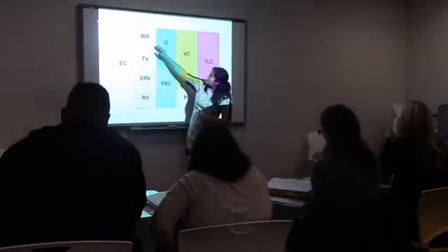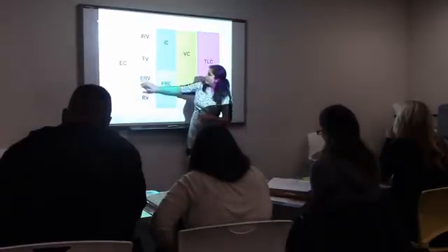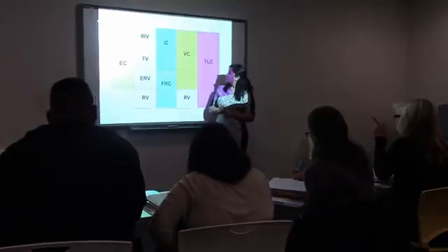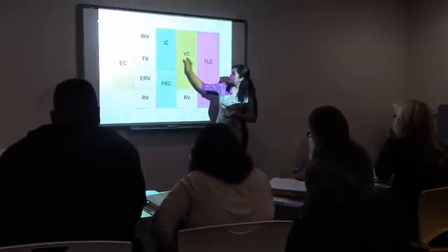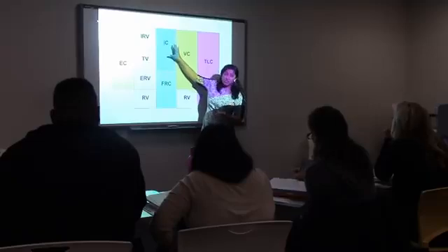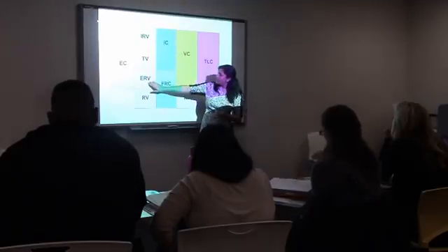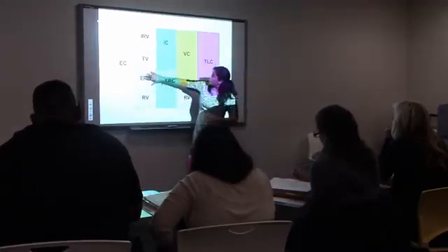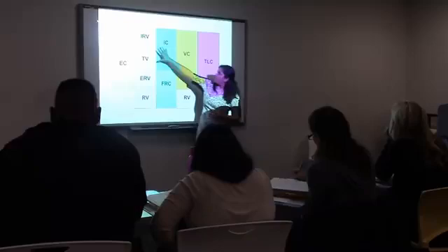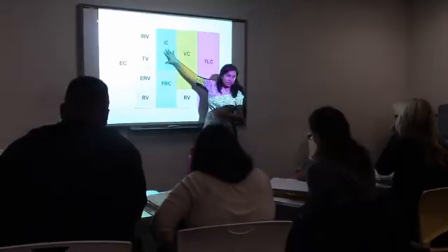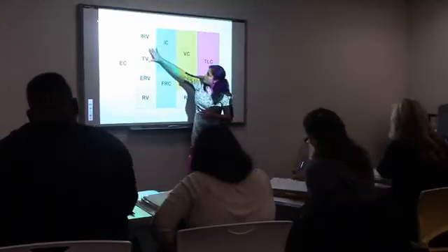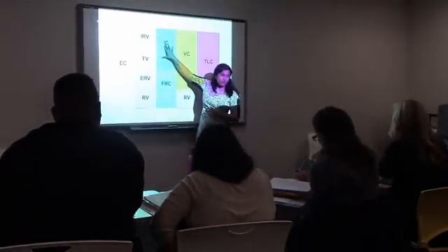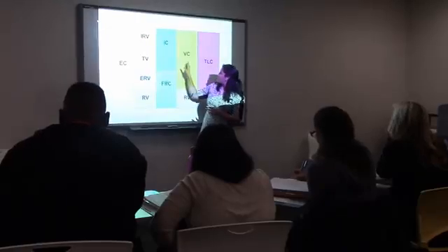Yes, VC included. VC is IRV, TV, ERV. It gives you VC, but not IC or EC. The equation for VC could be IC plus ERV, or it could be EC plus IRV, because all three of these equal VC. If you combine these two, it gives you IC. So these three together give you VC, and these three are already in this one. So it's this plus this giving you VC.